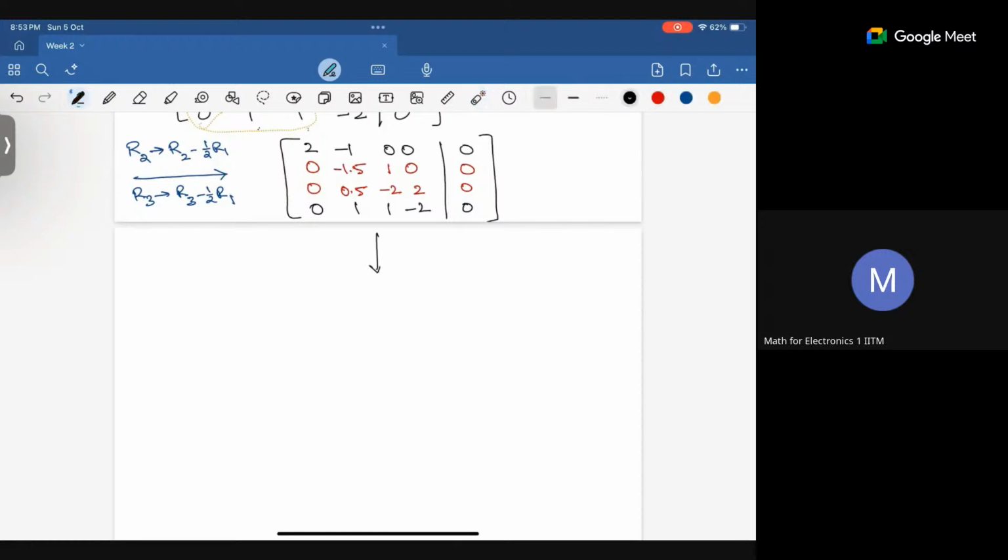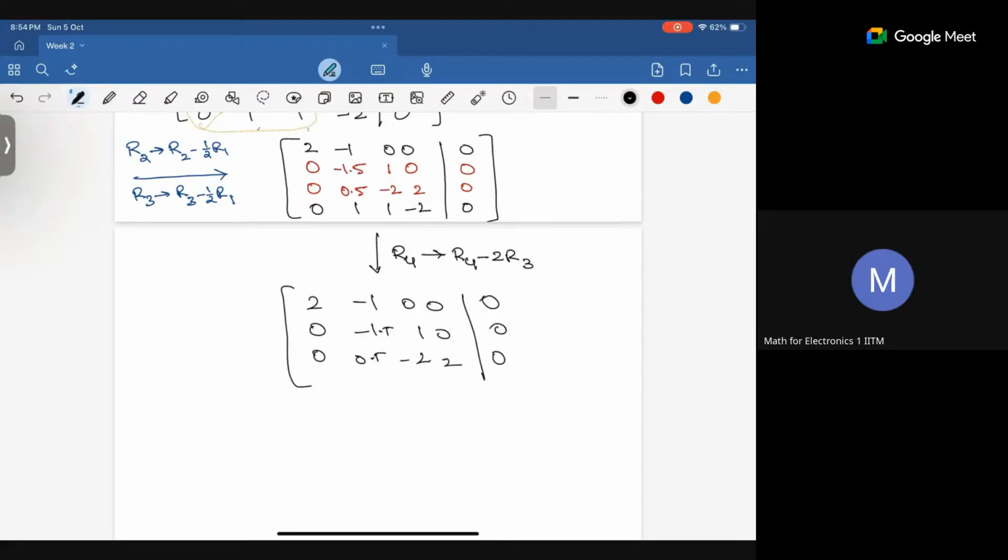Right, so row 4, I'm going to change it as row 4 minus 2 times row 3. If I do that, I'll have 2, minus 1, 0, 0, 0, 0, minus 1.5, 1, 0, 0, 0.5 minus 2, 2, 0, and then 0. So this row is changing.